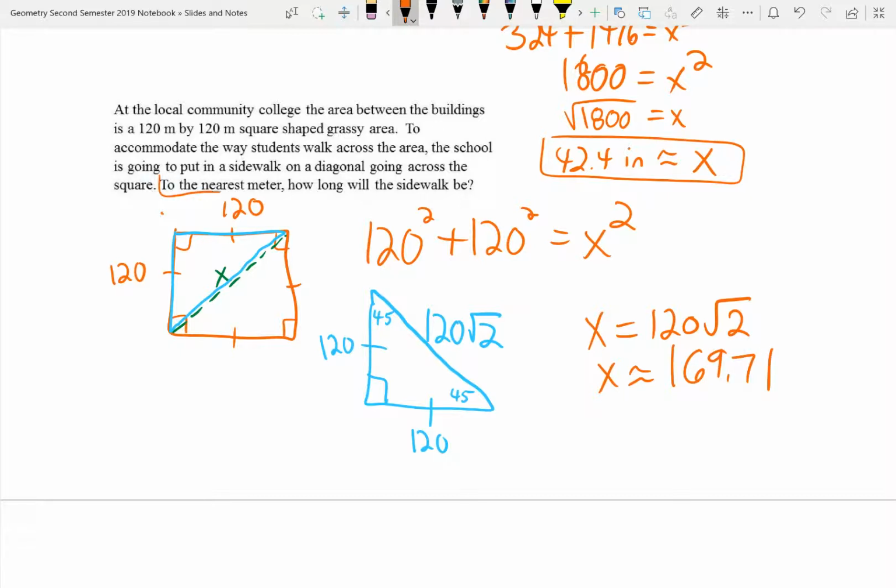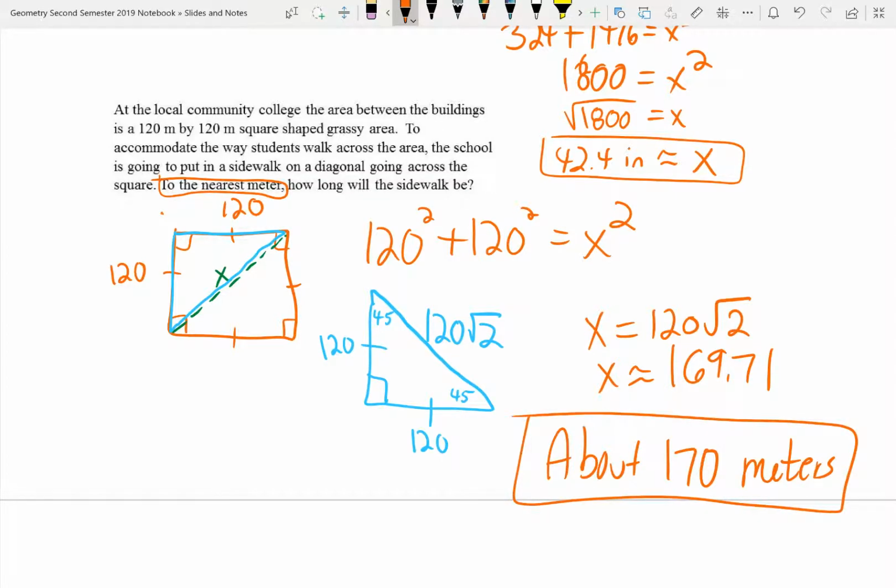But it does ask for the nearest meter, right? And so that means it's going to be about 170 meters. There we go. And that is your answer.